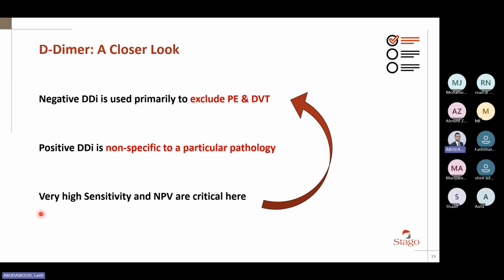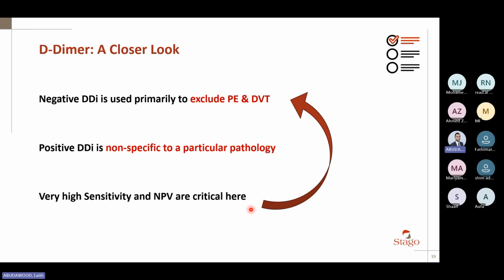Now, this line is important. D-dimer has very high sensitivity and negative predictive value. Sensitivity means that even if there are very tiny amounts present, the assay is very good at detecting D-dimer. That is, the assay does not miss any D-dimer that's present in the sample, because if we miss D-dimer, maybe the patient has clotting at some stage, but we missed it, and the patient will have a false negative test.